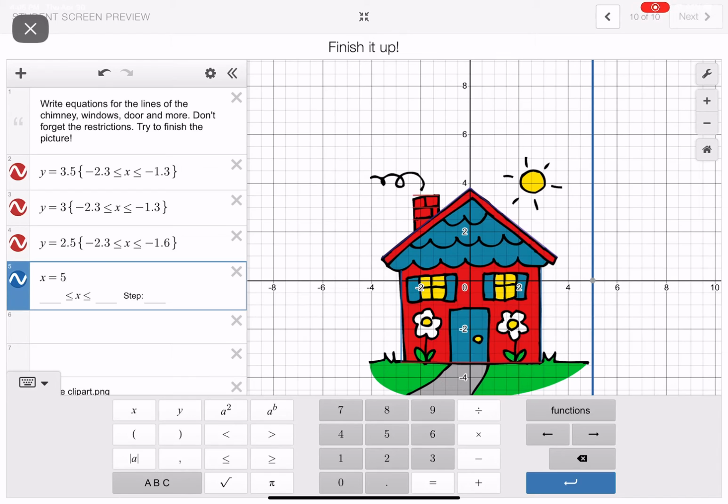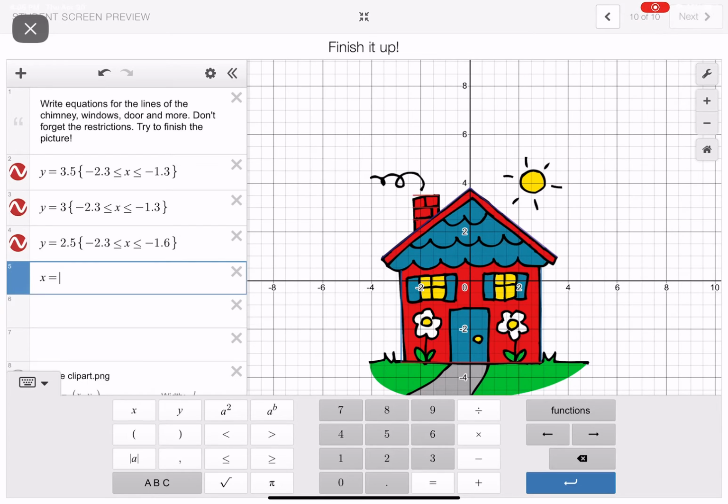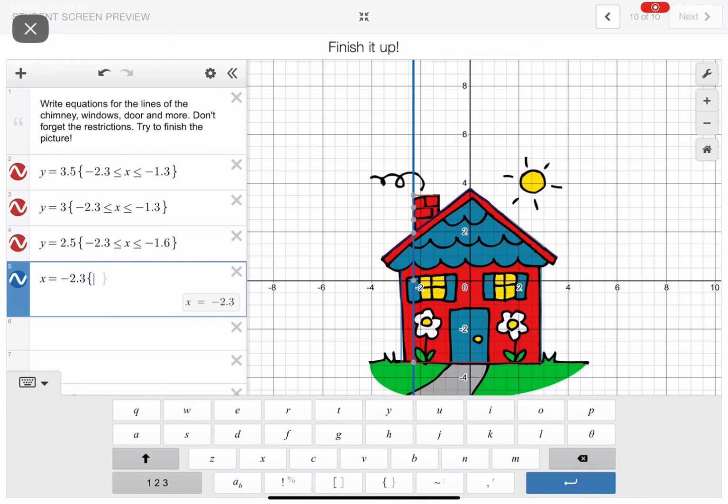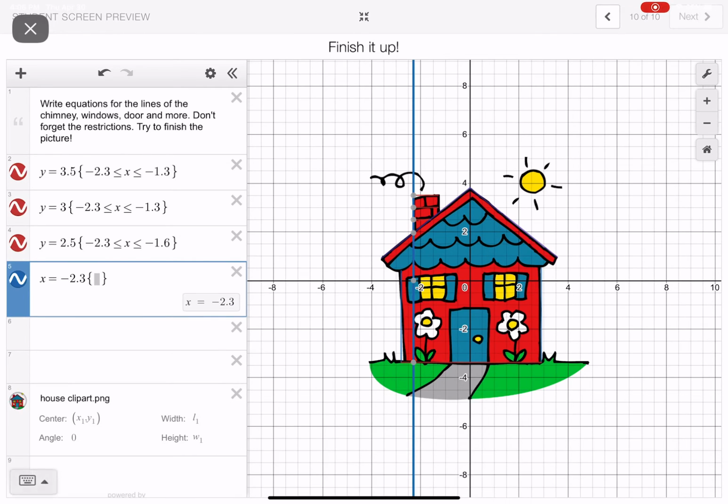That's not in the right place. We actually need it to be over here on the left. When we were graphing what we already graphed, we decided that the farthest left the chimney goes is negative 2.3. So that's a great place to have this. We also know the very top point. If we're going to do restrictions here, they're slightly different. We do need curly brackets, but if you follow the line, x is never changing.